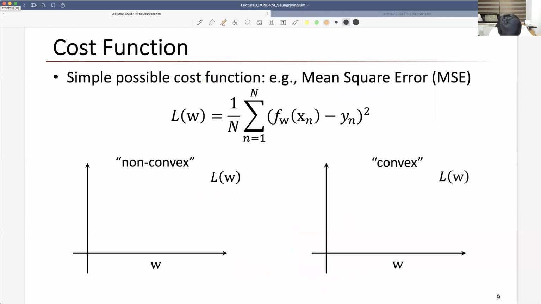Okay, so first of all, we have to define the cost function first, right? In the previous lecture, we introduced two kinds of cost function, right? The first one is the mean square error. The second one is the mean absolute error, right? In here, we can use the simple cost function first. Let's say mean square error. Then, okay, let's define our cost function for the classification problem.